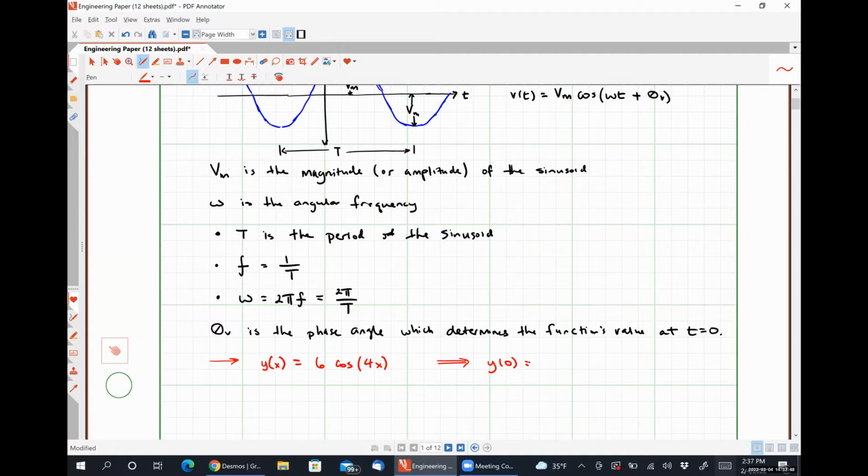Six. Right. So a phase angle of 0 means that we don't have to fix anything.